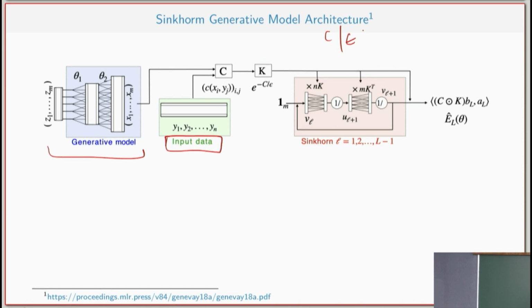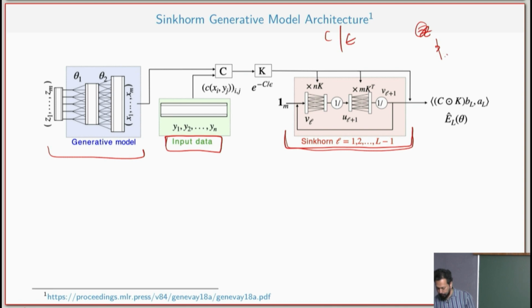What you generate, and what the real data goes in, the cost matrix is computed, and then it goes into the Sinkhorn algorithm, where the iterates for V and U are done, as we have shown previously in the theoretical part. So this is the Sinkhorn algorithm part, where you are estimating the distributions.